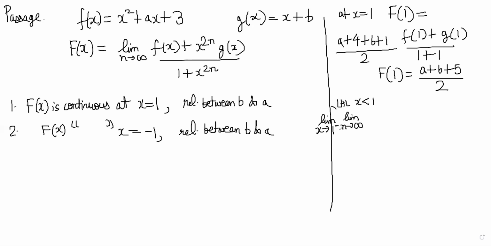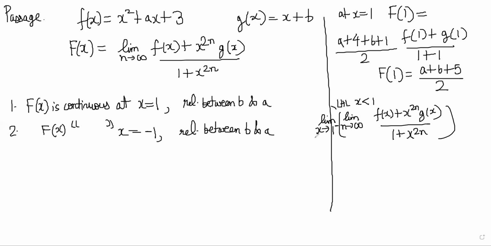So f of x plus x power 2n g of x by 1 plus x power 2n, this is basically limit of x tends to 1 minus capital F of x, right?